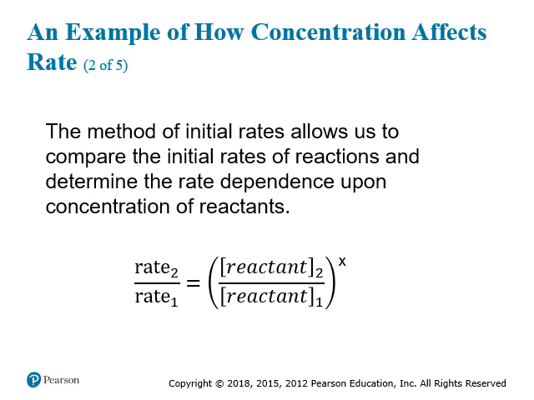So with the following formula, we see that comparing the rate of a reaction under a certain set of conditions with the rate of reaction under a different set of conditions, with a different concentration of reactant, that this ratio comes out of the method of initial rates. And what this ultimately tells us is the dependence of the rate on the concentration. Now that is going to be reflected in what we call the reaction order.